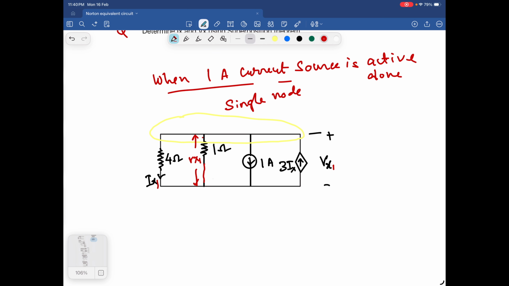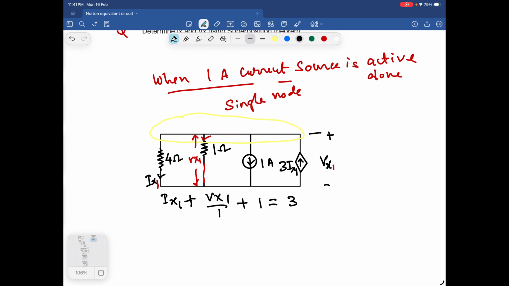So in this branch, the current through 1 ohm is Vx1 by 1 ohm. Here it is Ix1. So I can write Ix1 plus Vx1 by 1 plus 1 ampere, because all these are in this direction and 3Ix is in the opposite direction. So this is equal to 3.